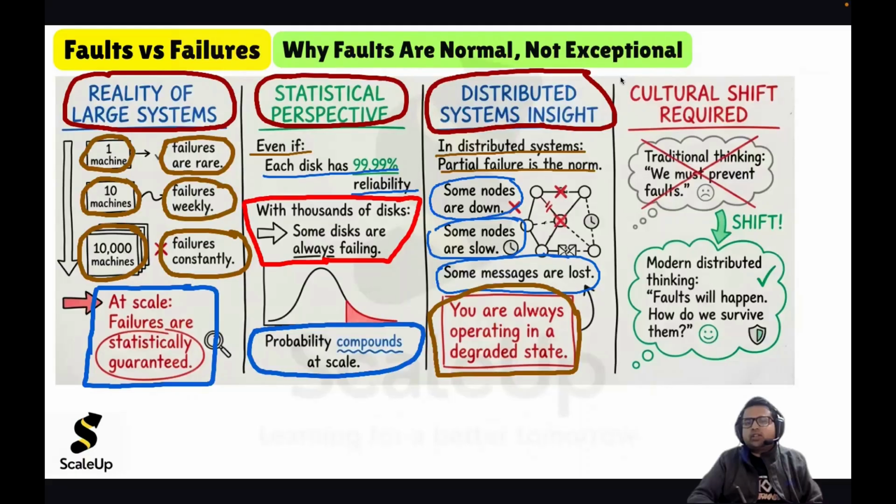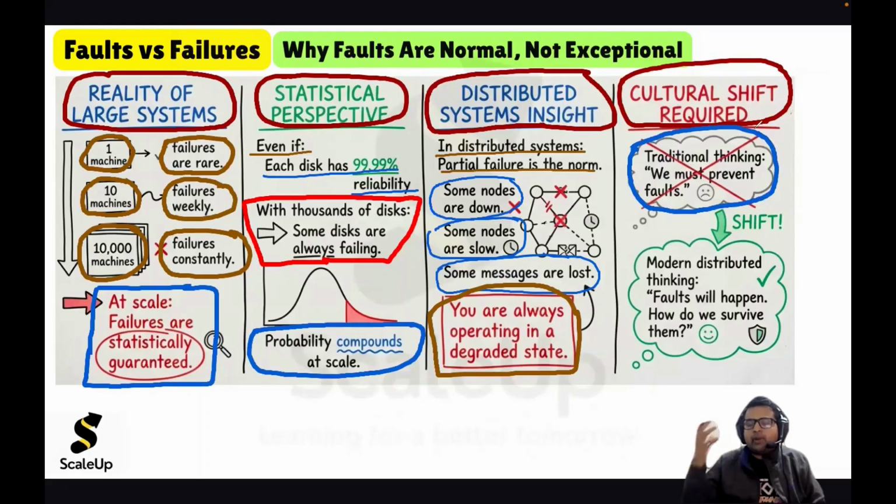Okay, now we'll discuss the cultural shift required. This is a very important discussion in system design. In system design, the traditional thinking was that we must prevent faults. Traditionally, our mindset was to design a system in such a way that we focus on preventing faults. But it is very tough, because faults are not in our control.